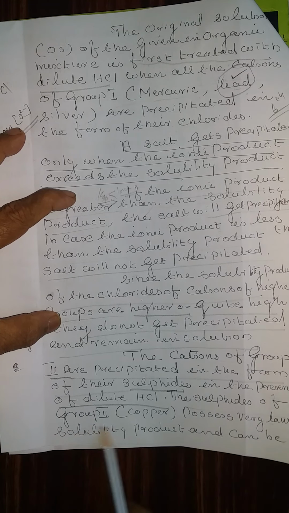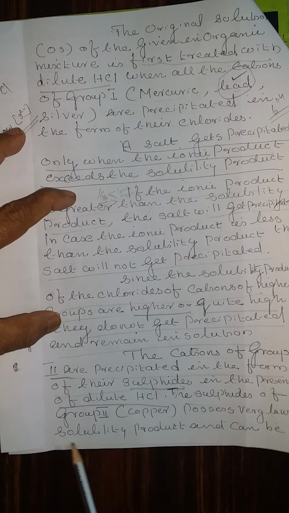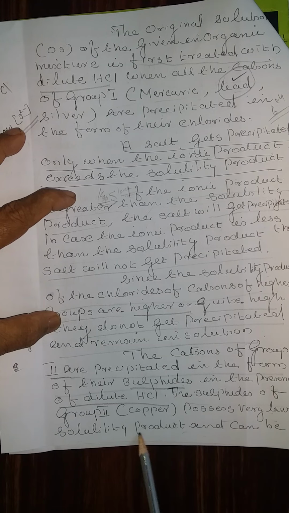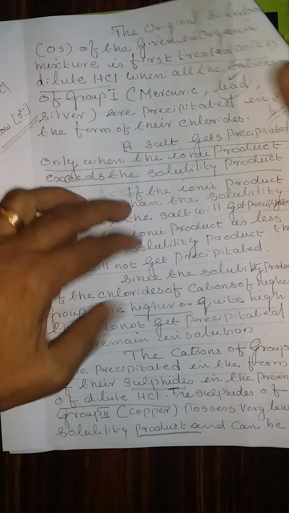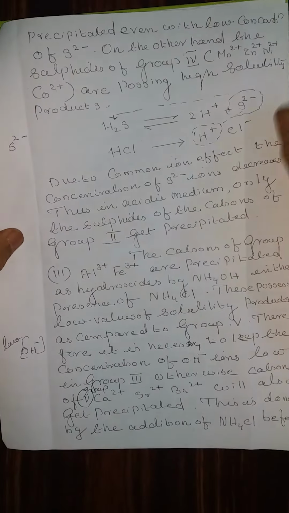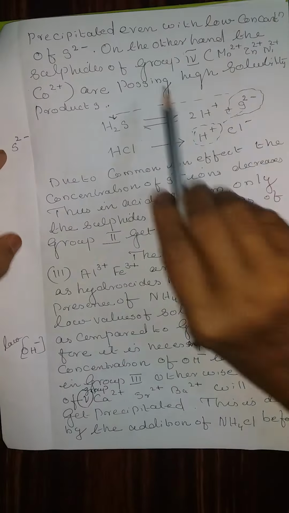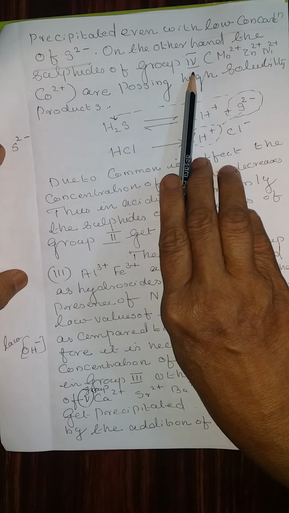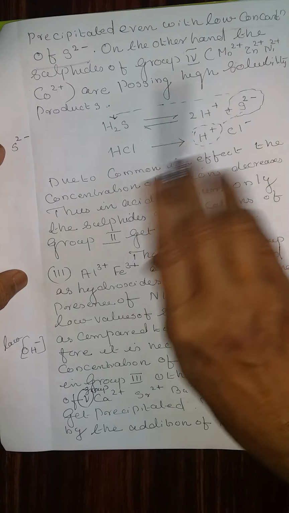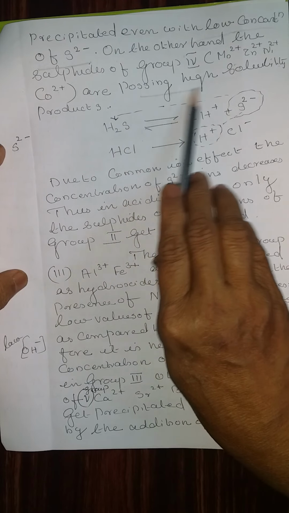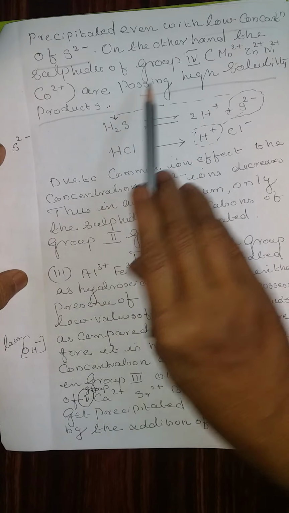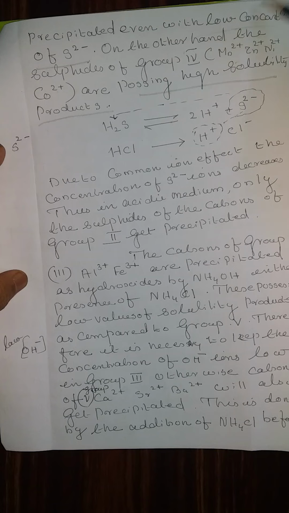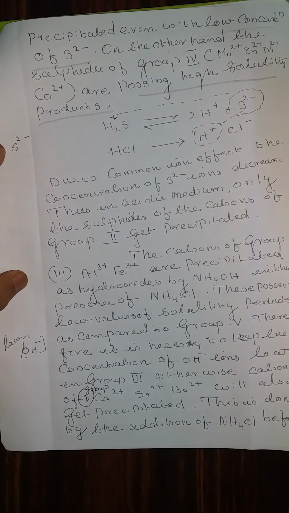The sulfides of group 2 possess very low solubility product, and they can be precipitated even with a low concentration of S2-. On the other hand, the sulfides of group 4, that is manganese, zinc, nickel, cobalt, possess high solubility product. Therefore, they will not precipitate here.